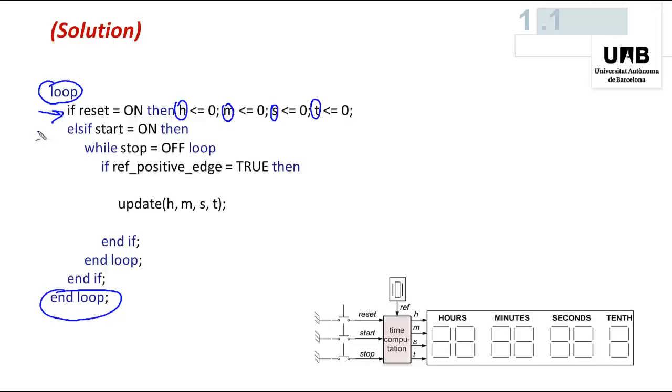If reset is not on but start is on, then here we have another kind of loop that says that while, as long as stop is off, then if there is a positive edge on the reference signal, then update the chronometer state and nothing else.